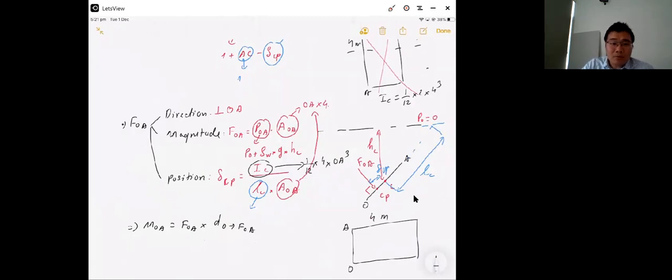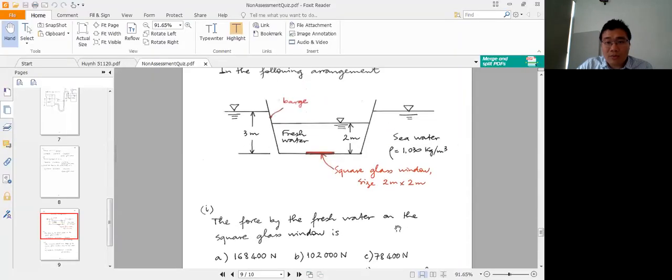And if you want to practice more, you can have a look at this question. Let me see. I actually sent you a multiple choice MCQ in the document last week.